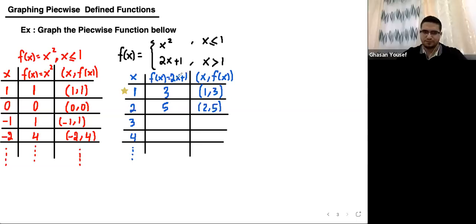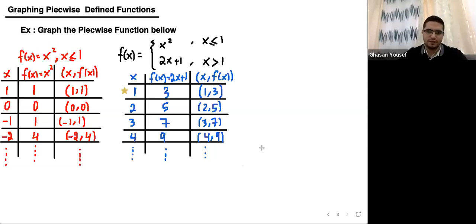For 3, 2 times 3 is 6, plus 1 is 7, so 3 and 7. For 4, 2 times 4 is 8, plus 1 is 9, so 4 and 9. And all the points. Now I'm going to graph both of the functions.